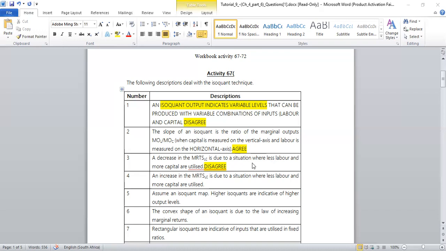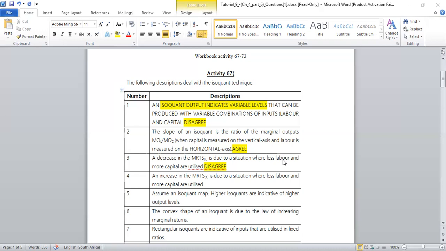What I'm saying is, if we employ less labor, our marginal output will be more because we employed less, but our marginal output for capital will be less because we employed more. Remember the law: the more units we keep on employing, the output tends to decrease.